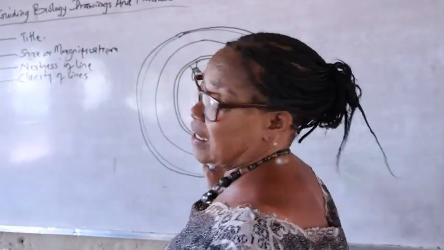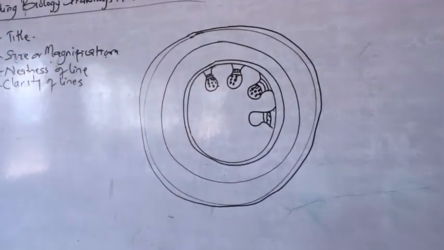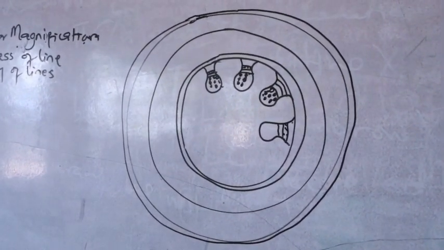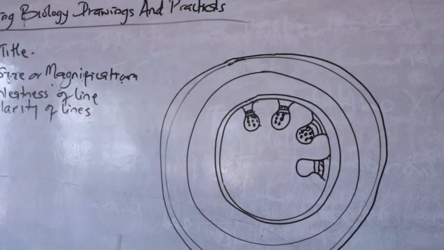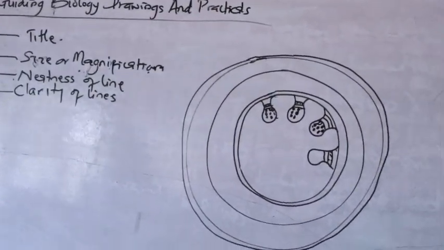I am trying to make a sketch diagram of the internal structure, listen up, of a dicotyledonous stem. Internal structure of a dicotyledonous stem showing the transverse section.